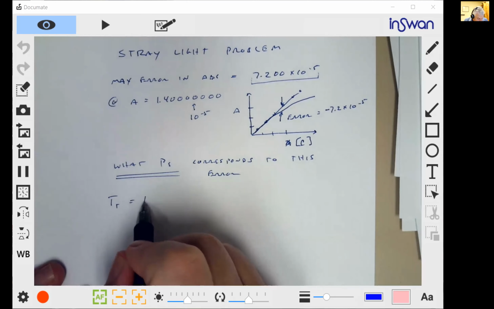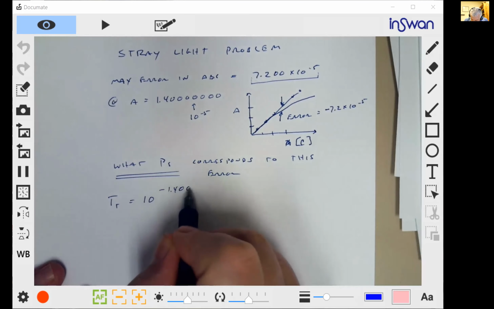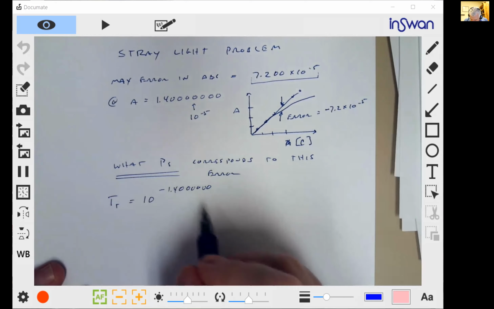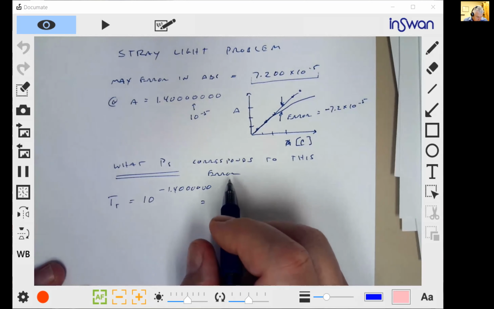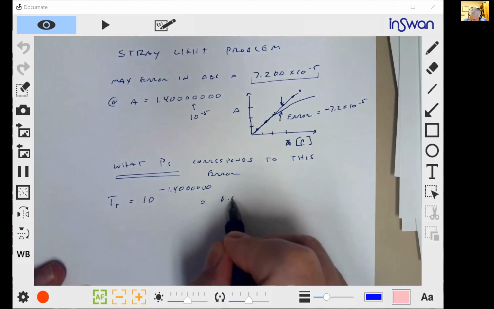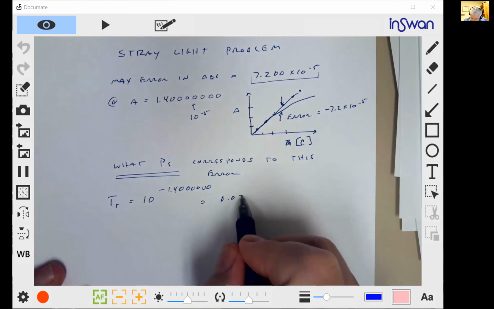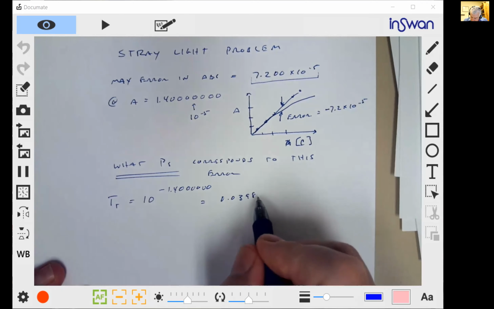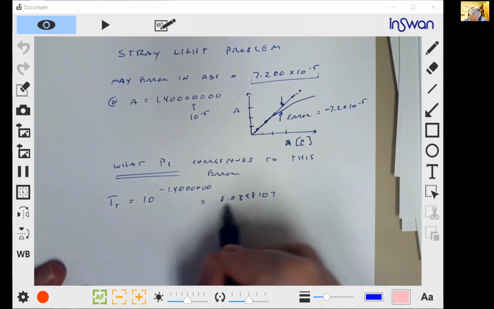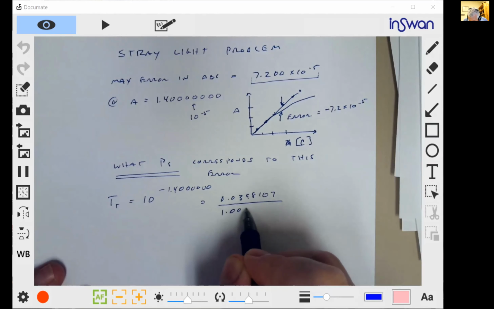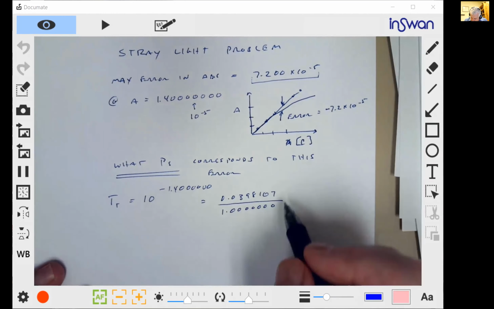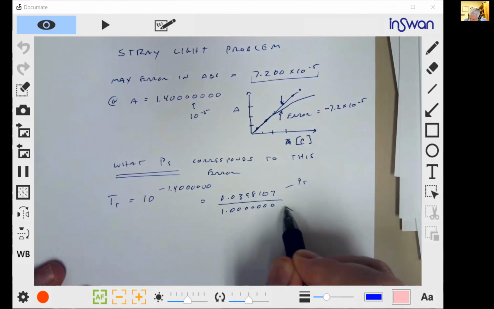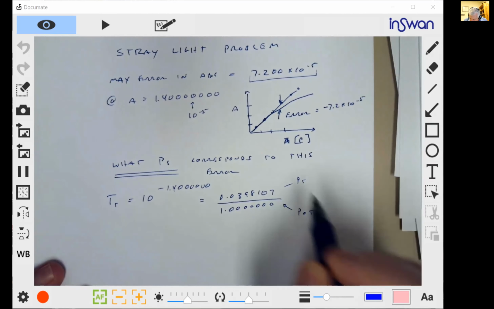This is going to be 10 to the minus 1.4, which will equal P over P naught, which will equal 0.0398107 over 1.00. So this is the true transmittance. This is P true, this is P naught true, right?